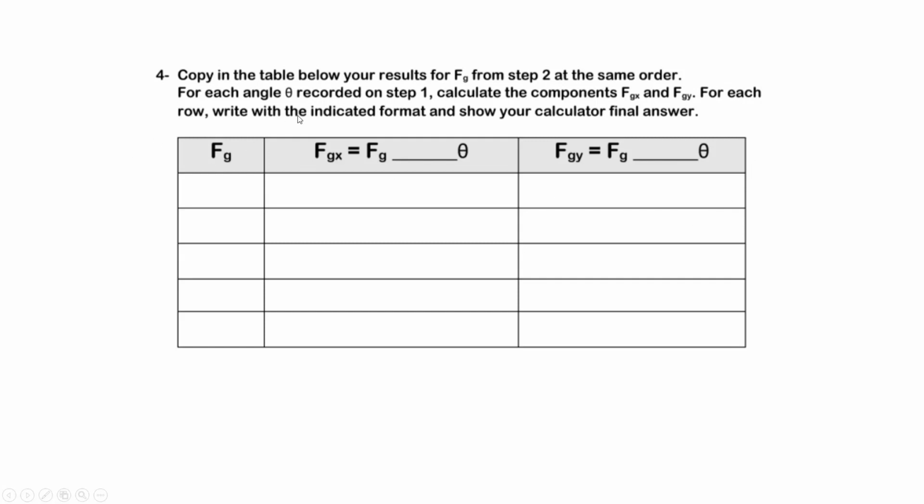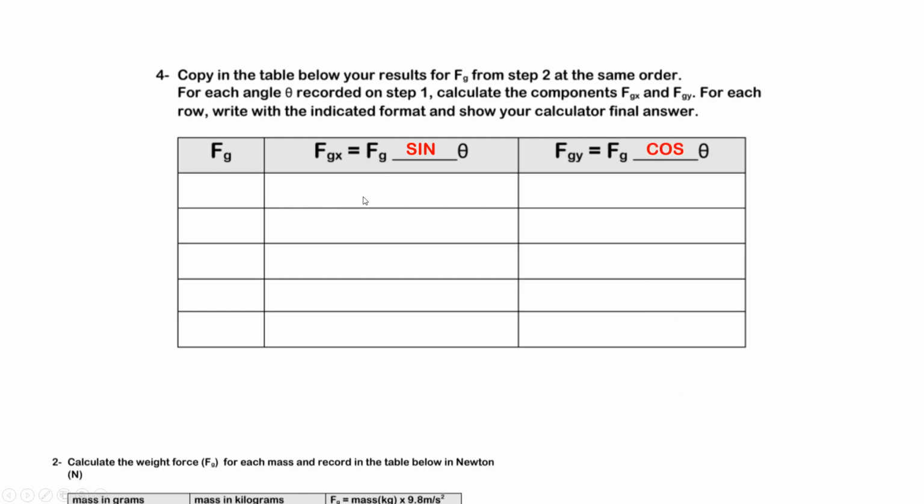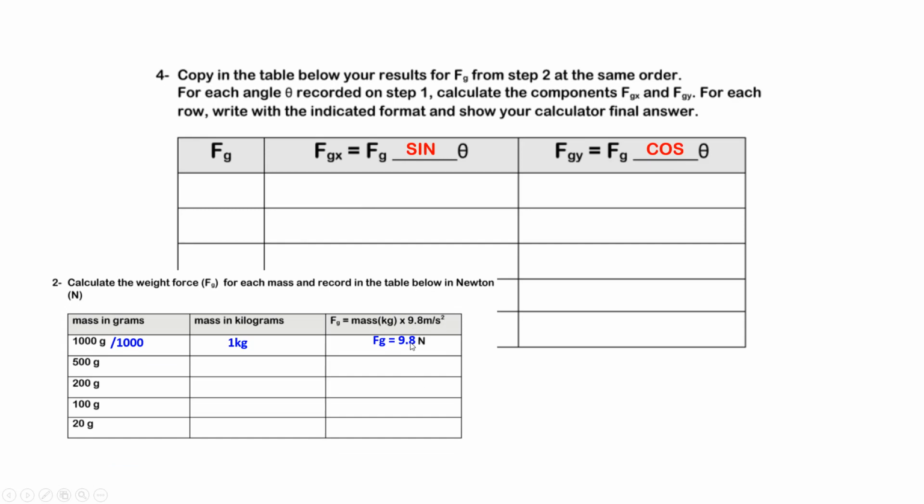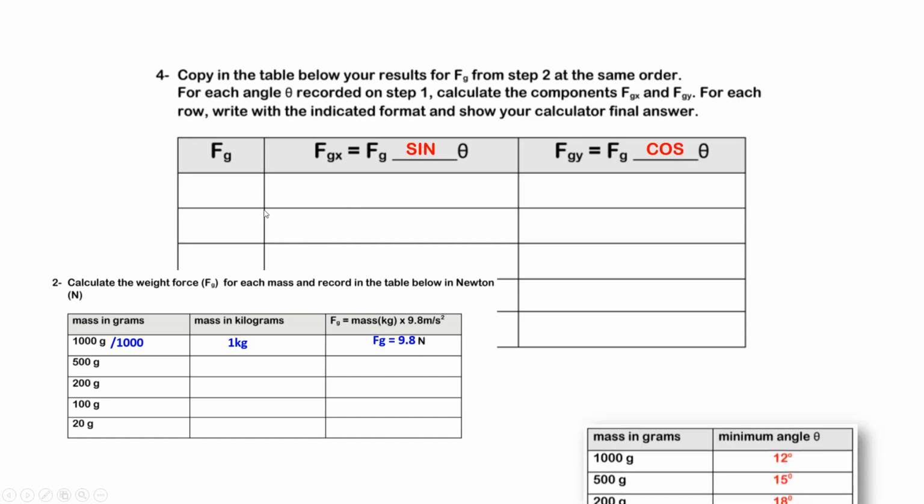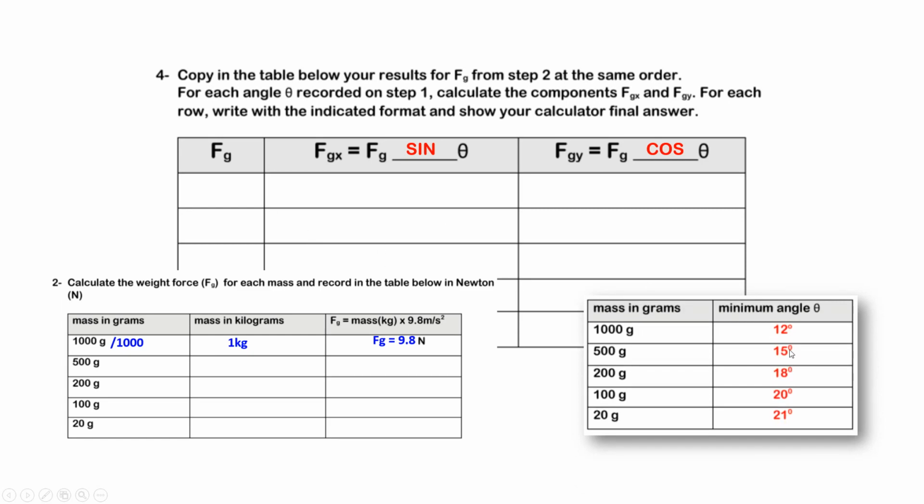Now we are going to complete this table and find the components for each weight. So let's use sine and cosine to find the components. Let's start with the first weight that we have, 9.8. Then we are going to use our minimal angle to calculate the component for this weight.